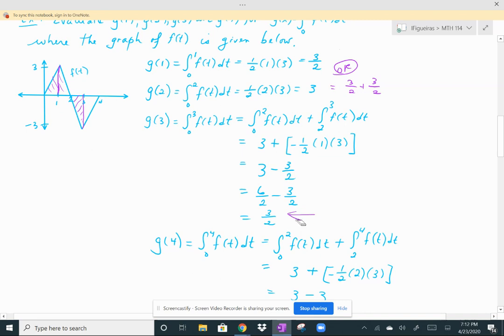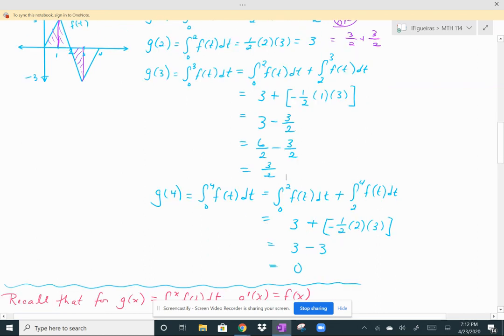Now we have to compute g of 4. For g of 4, it's probably easiest to look at this in terms of two integrals. The integral from 0 to 2 of f of t dt plus the integral from 2 to 4 of f of t dt. So it's in fact the sum of the areas of two triangles. So 0 to 2, well, we know that's 3. We did that one previously.